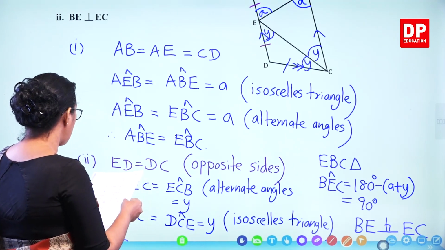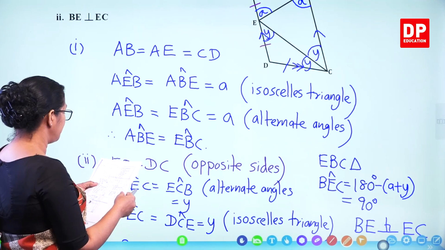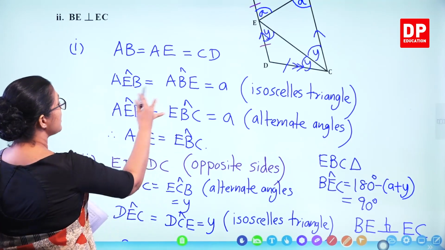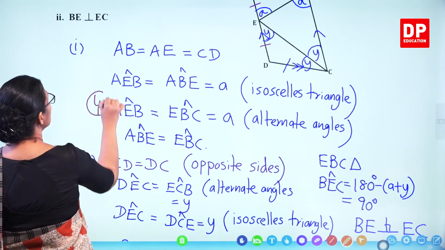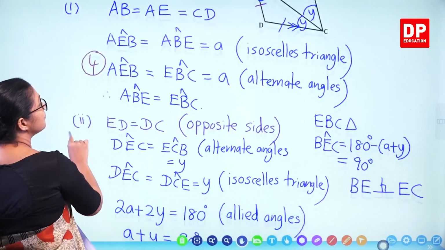So the last part, 4 marks for the first part, showing that these are equal. So this is 4, and 6 marks for this.